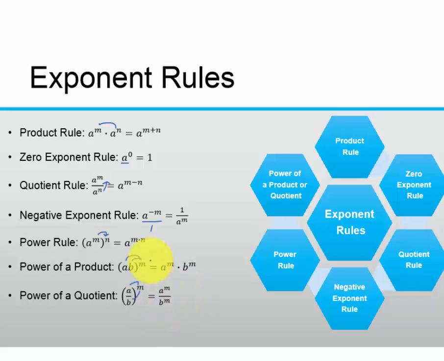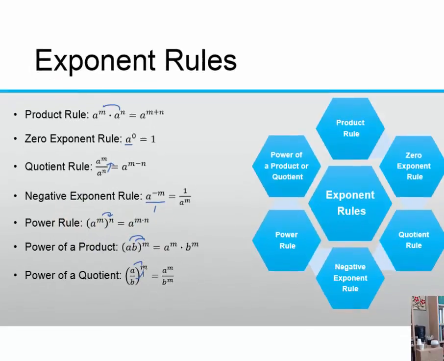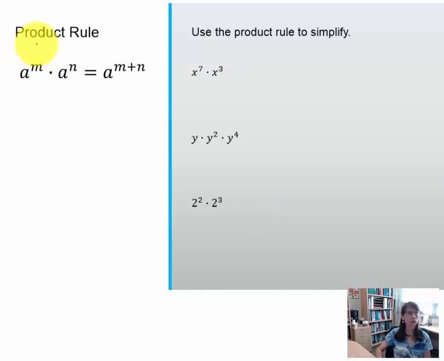So let's try some example problems to practice using our exponent rules. Our first exponent rule is the product rule. So again, here is the rule. Base of a to the m times base of a to the n means we're adding exponents. So as long as we have like bases, like we do here, a and a are like bases, we will add the exponents.